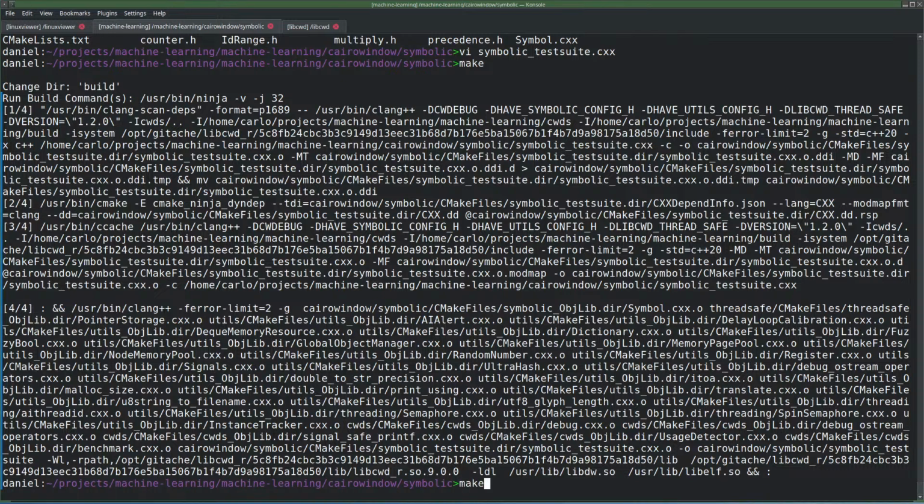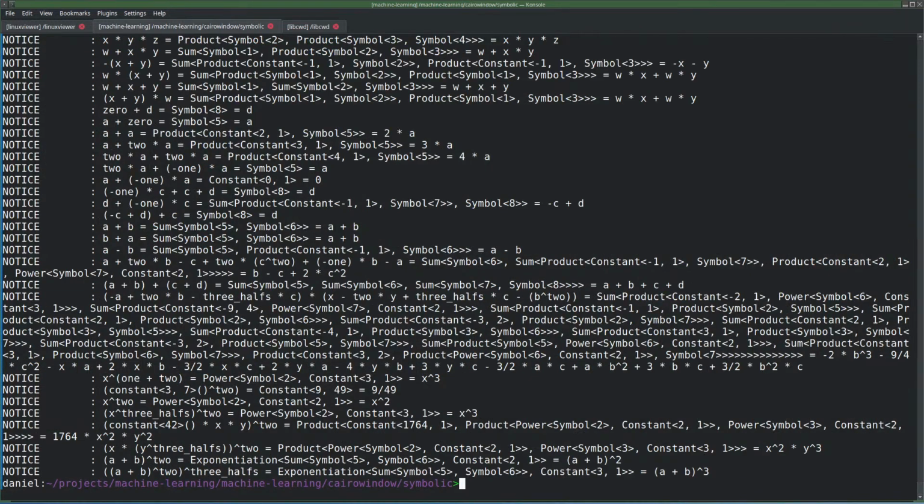Yep, it's new Vim. Yeah, that should work again.